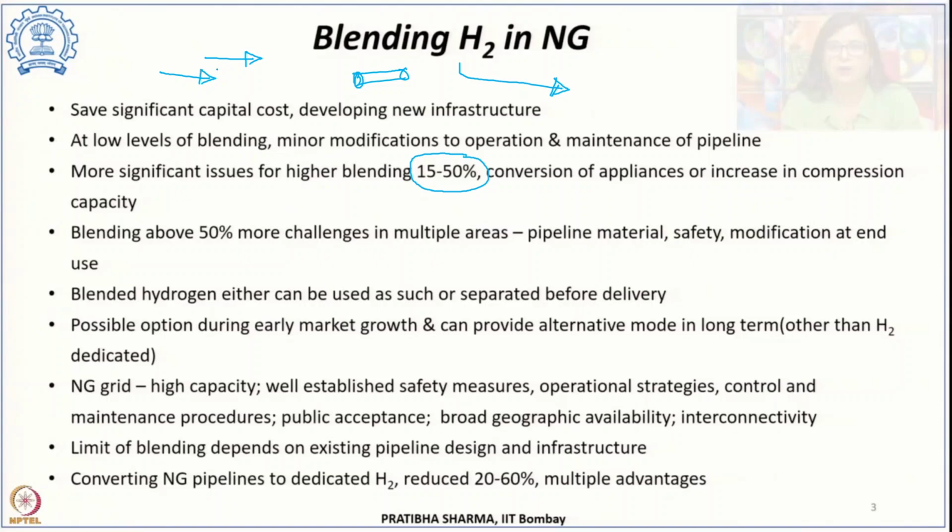When the demand is very high, suppose in the Greater Noida region, then in this area we will deploy a separate hydrogen pipeline, because with blended hydrogen and natural gas, a hydrogen separation unit will be needed, and the cost of separating hydrogen from the natural gas will be high.